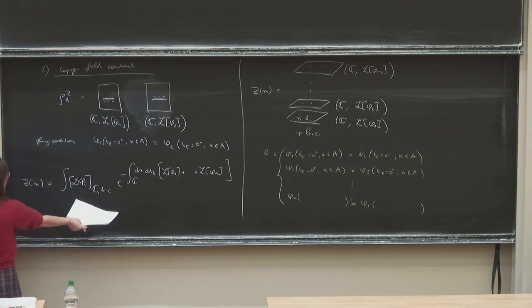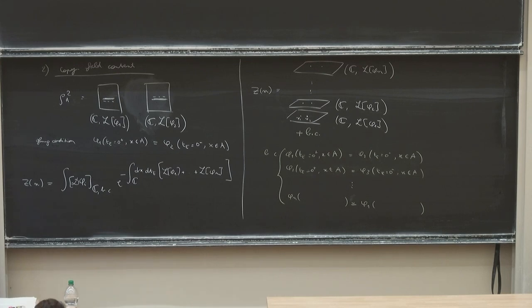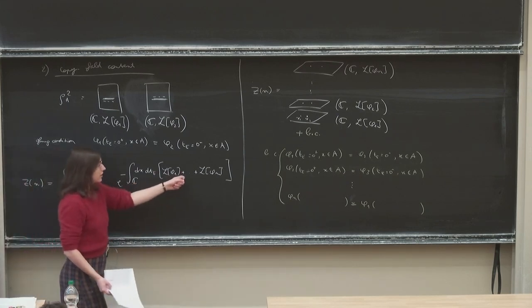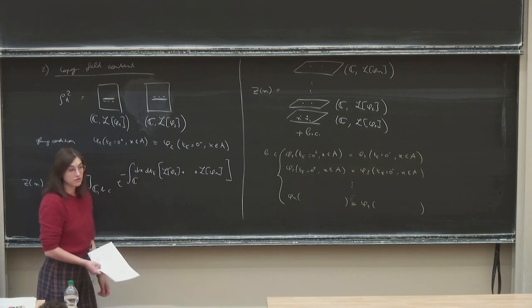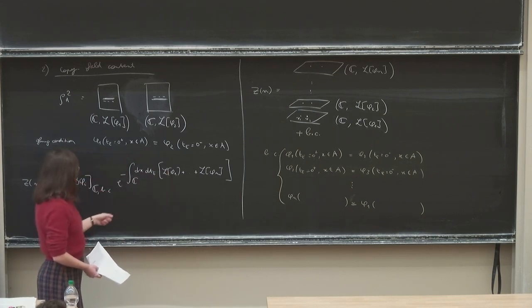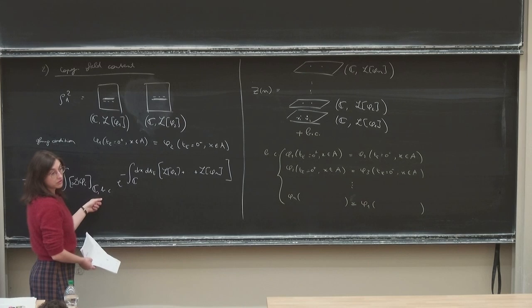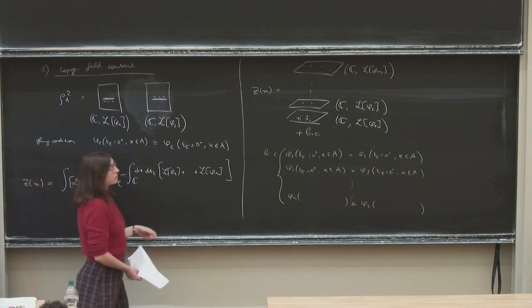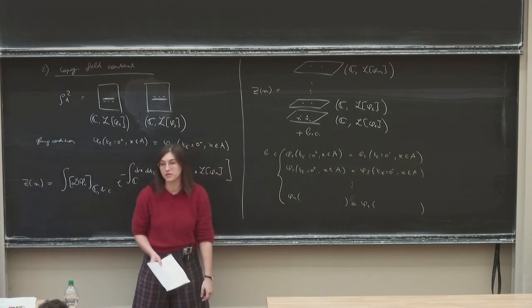So you see that this path integral has a different interpretation than this path integral. Here you had the original theory with just one set of the fields, but you're path integrating over a replicated worldsheet manifold. Here, instead, you copy your set of fields into n of those, and you path integrate over just the original worldsheet, but including these boundary conditions on how the fields talk to each other.